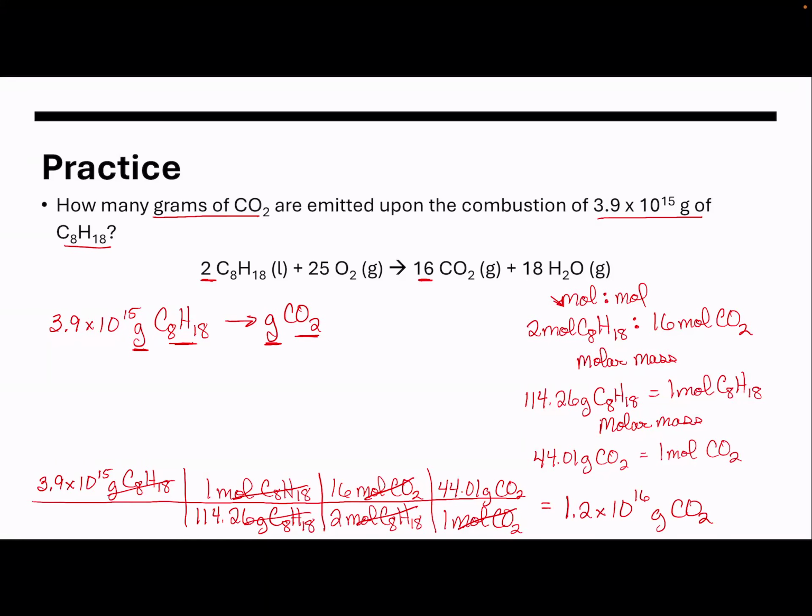Now, I want to make note of a few things. Number one is that when you're working with these types of problems, whatever the information is in the actual problem itself is going to dictate how many significant digits you have.